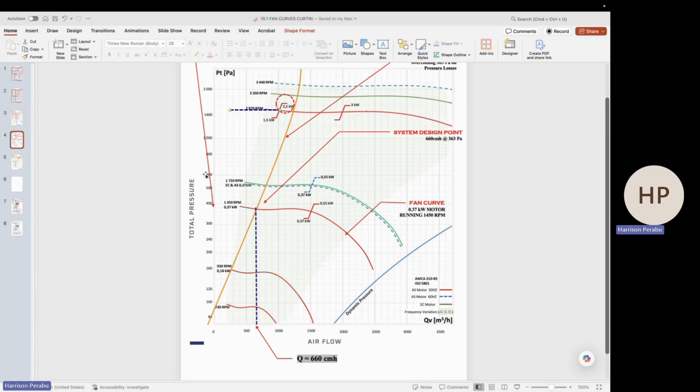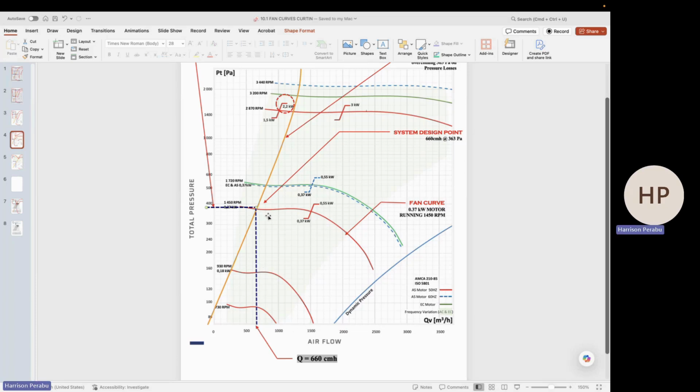A 2.2 kilowatt motor is going to produce higher amps compared to a 0.37 kilowatt fan motor. The 0.37 would definitely incur a much smaller amp drawback. So what happens here is one wrong selection. In terms of price, it may not vary much.